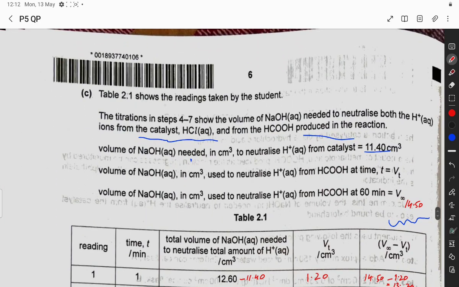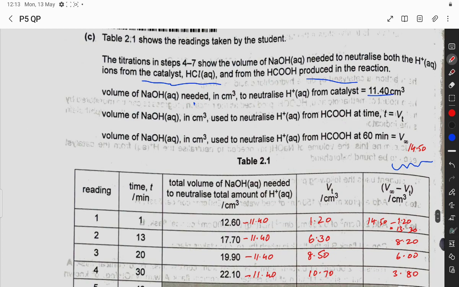Part C, table 2.1 shows the reaction taken by the student. The titration in steps 4 to 7 shows the volume of sodium hydroxide needed to neutralize both the H+ ion from the catalyst HCl and from the HCOOH produced in the reaction. Volume of sodium hydroxide in cm³ needed to neutralize H+ from catalyst is equal to 11.40 cm³.